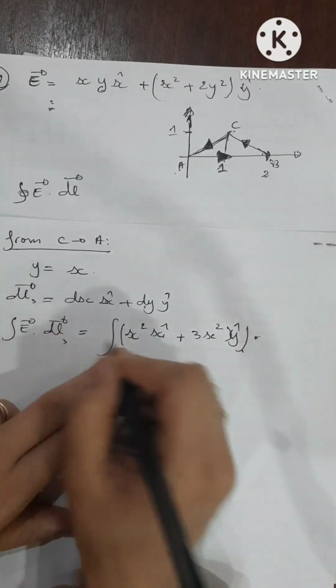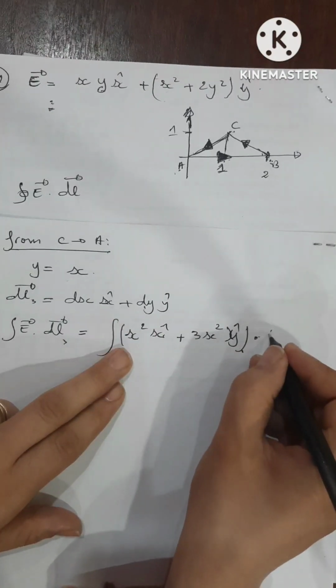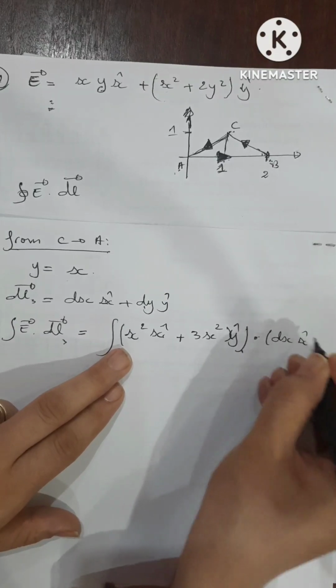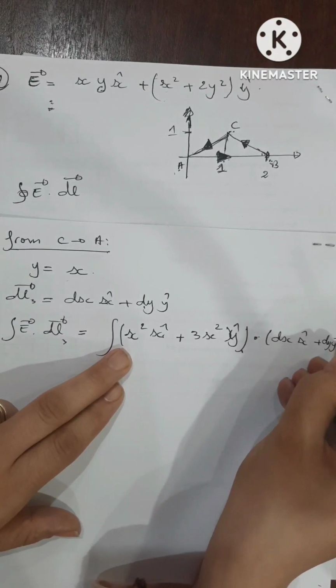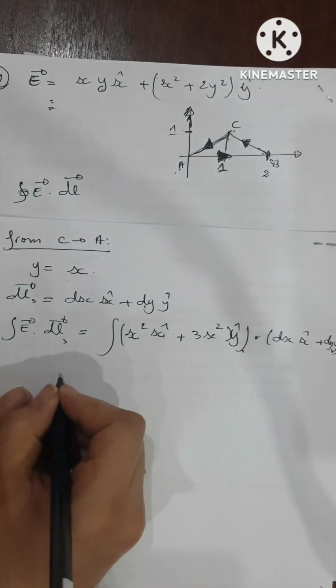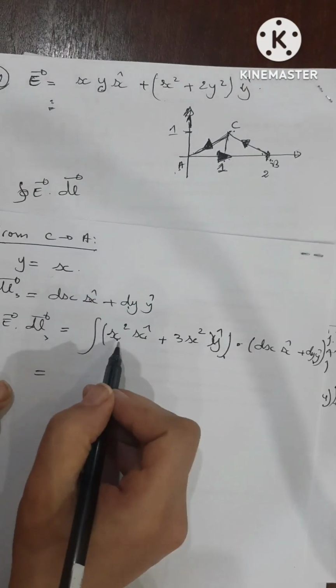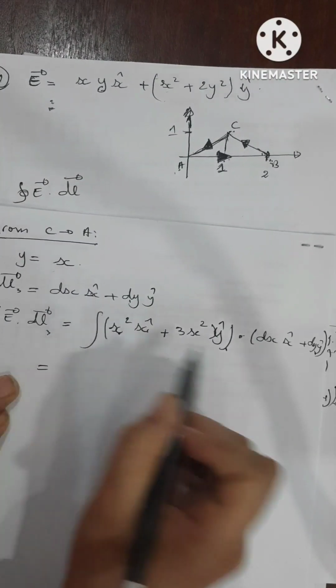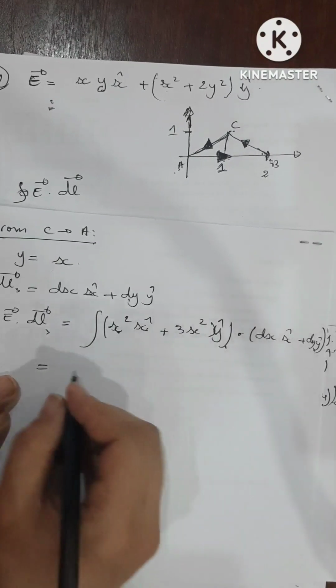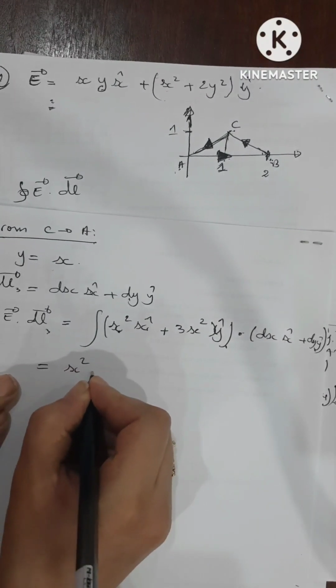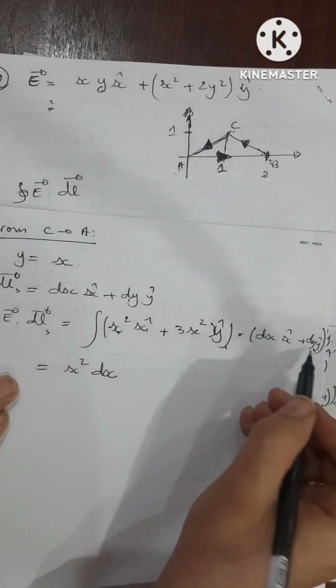This one dot dl. So it's x coordinate x squared with dx. Sorry, dy.